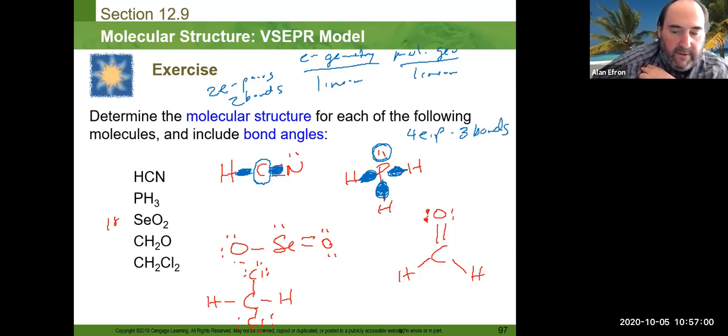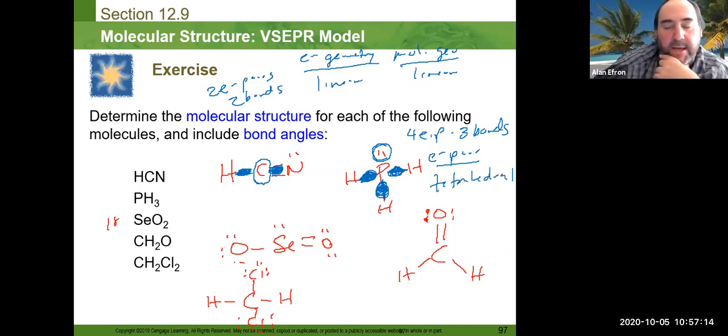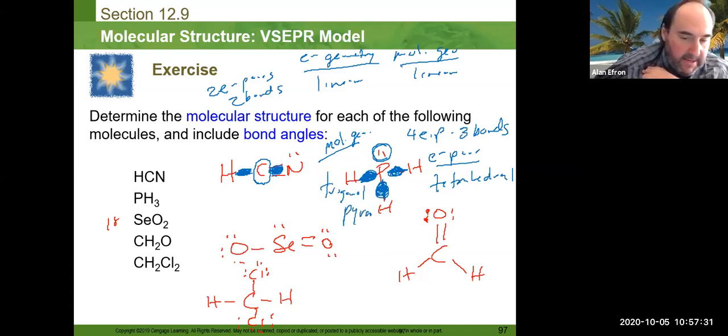Something with 4 electron pairs in terms of its electron pair geometry will be tetrahedral, again because it has 4 electron pairs. In terms of its bonds, though, because we have this non-bonding electron pair, 4 electron pairs and only 3 bonds is going to give us a molecular geometry of trigonal pyramid. Any questions on those so far?